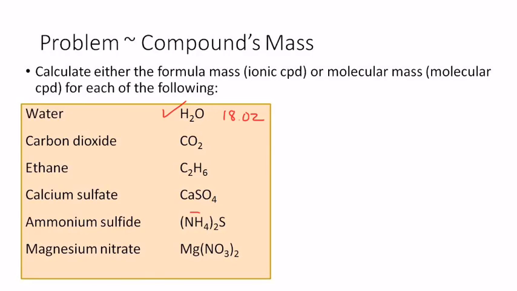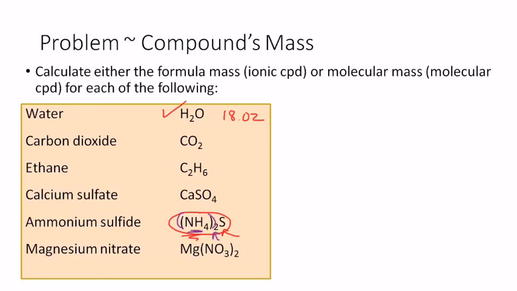In the meantime, let me do one more example. I have it ready to go in my notes here. This is called ammonium sulfide. And remember we talked about the fact that if you see a compound where part of it is in parentheses and there's a number outside the parentheses, that number is how many of those units you have.